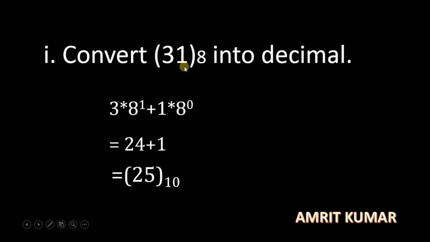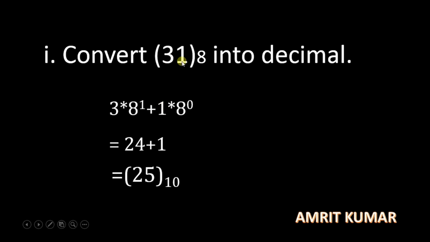The rule says that we have to multiply the number with the base of the octal number, that is 8, to the power of its position.